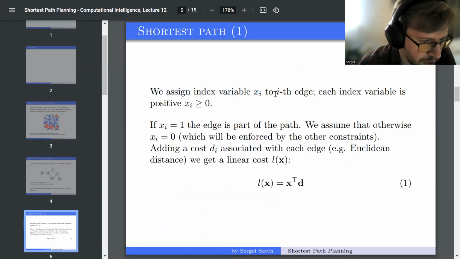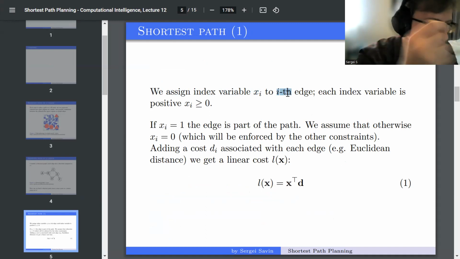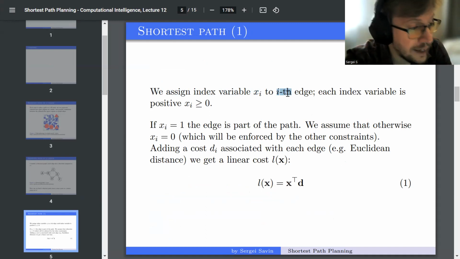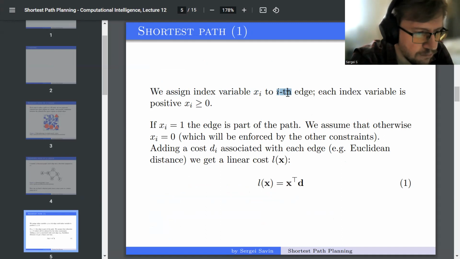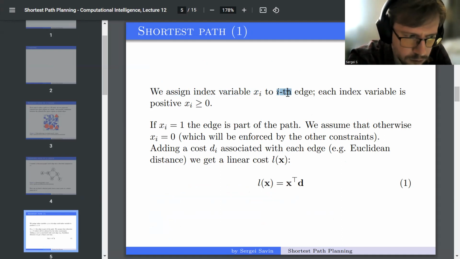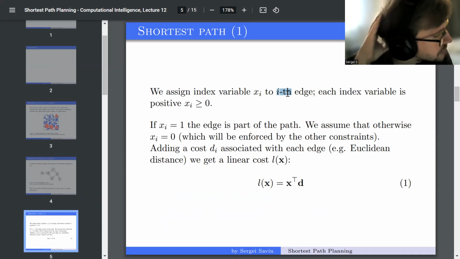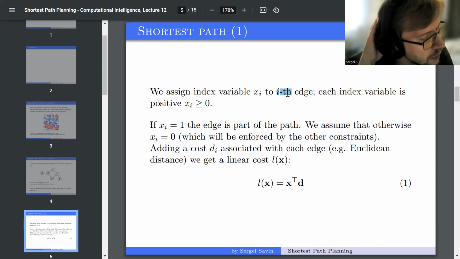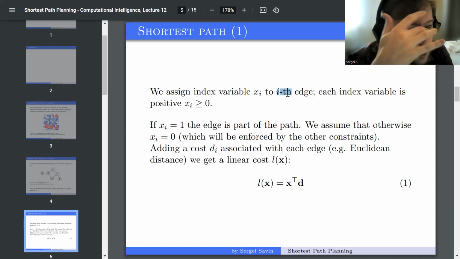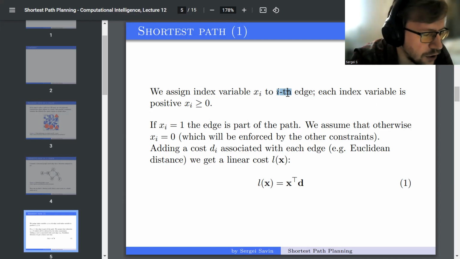So x sub i would be the ith edge, not to a node, but to an edge. Each index variable is positive. If the index variable is equal to one, then the edge is part of the path. So if the index variable is one, we'll assume that this edge is traveled.